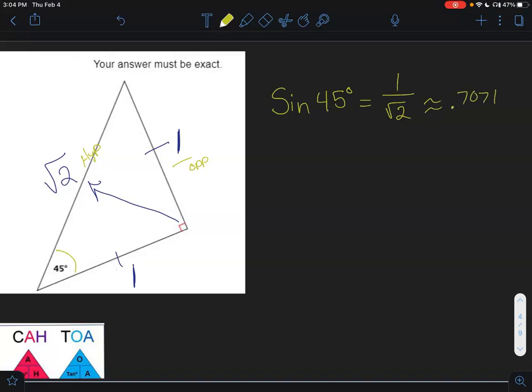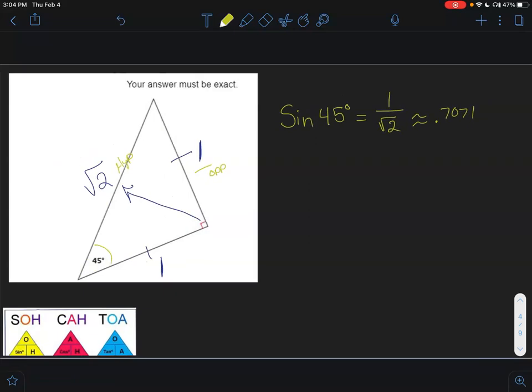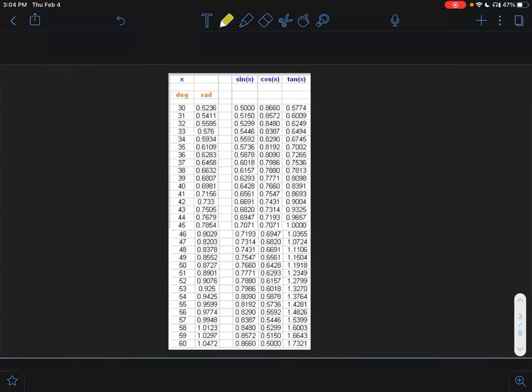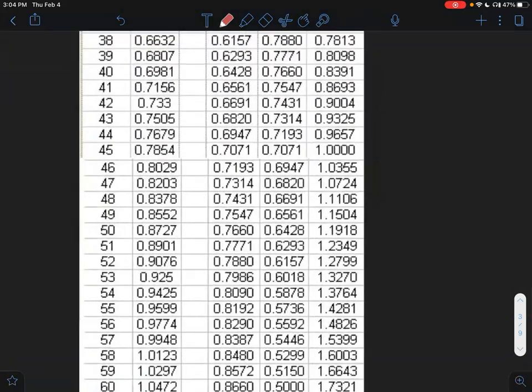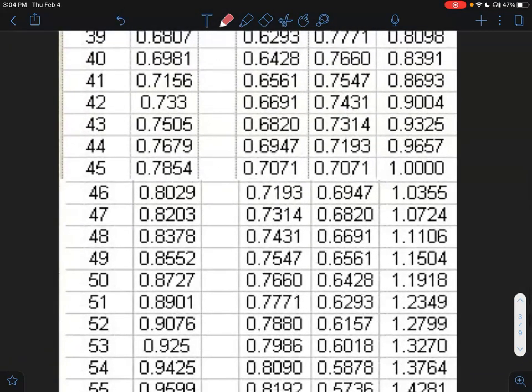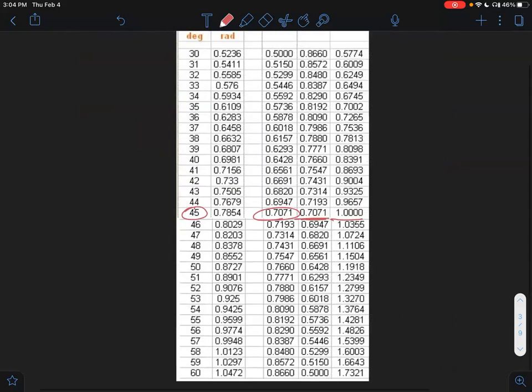I'm not going to do that too many times, but I just want to show you that if you would look at our trig table, go to 45, and here is our sine. Okay, and you'll notice here in a moment that also the cosine is going to be the same, and then tangent 1. So let's just continue on with our exact values.